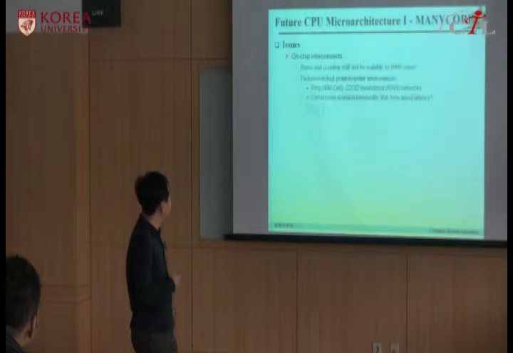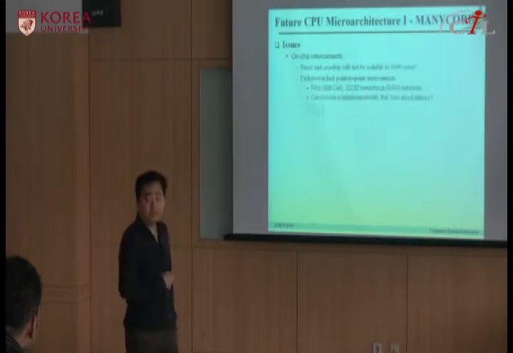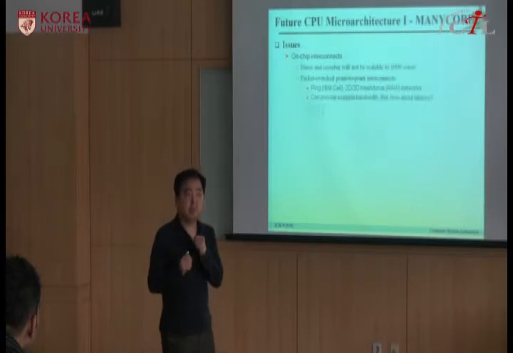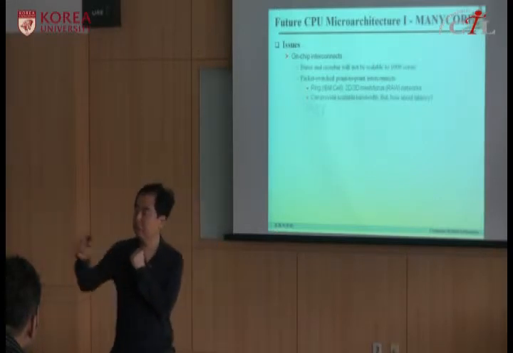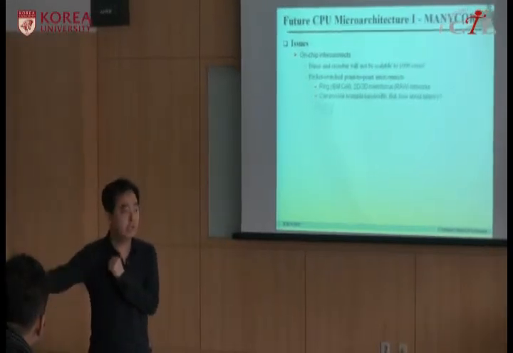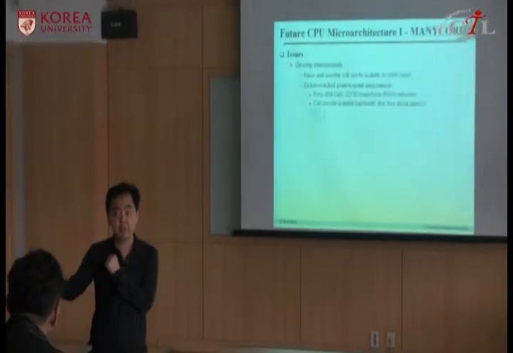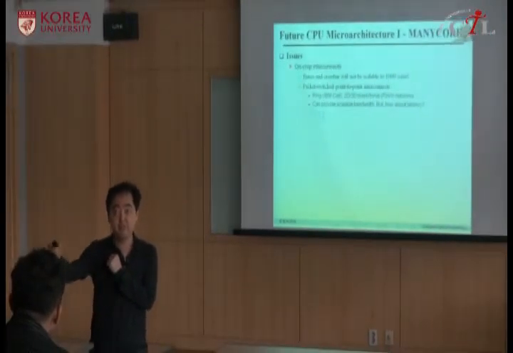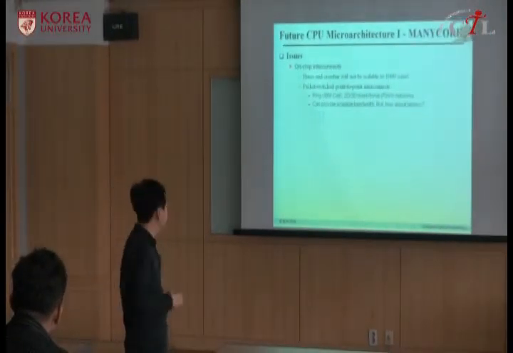And another issue was this on-chip interconnect. So we have to go beyond bus, and crossbar will not be scalable to many cores. We need packet switching, point-to-point interconnect. So the IBM Cell processor uses ring technology. Ring is point-to-point interconnect because you can connect one by one. Each transmission line you need to drive only one processor, right? So this is point-to-point interconnect.